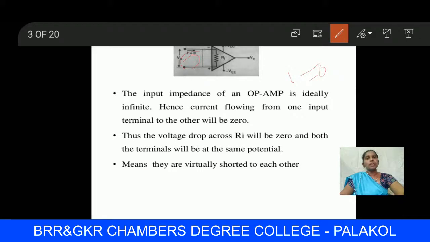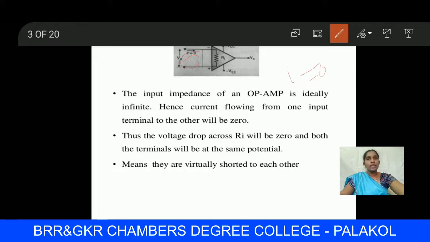The input impedance of an op-amp is ideally infinite, since the current flowing from one input terminal to the other will be 0. You already know that for an ideal operational amplifier, the input impedance is infinity. So the resistance is high, therefore the current is low, and that's why the current will be 0.